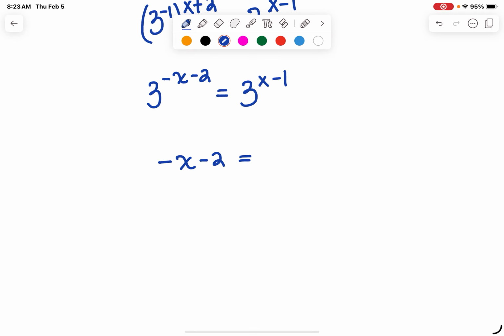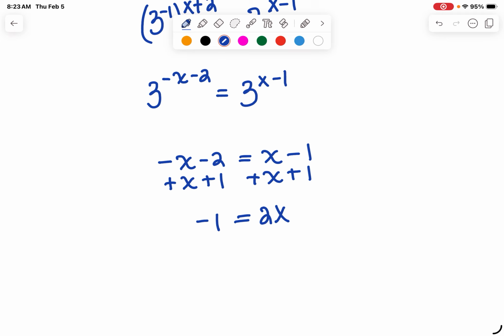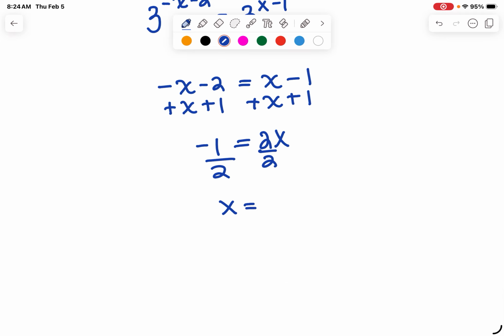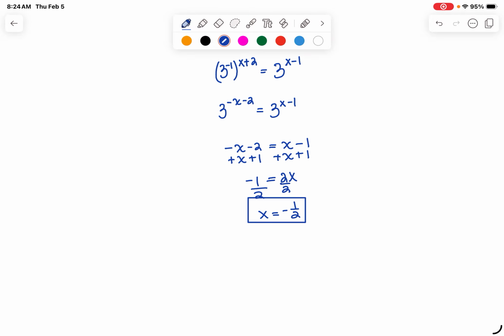Negative x minus 2 is equal to x minus 1. Add x to both sides. Add 1 to both sides. I have negative 1 is equal to 2x, and then divide both sides by 2. X equals negative 1/2. Careful with your algebra here. I stumbled on that one for a second, but just be careful with your algebra.